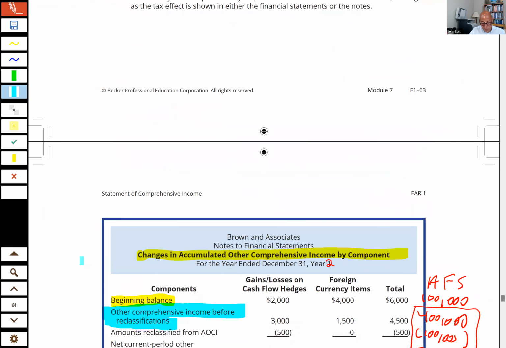I'm going to ask folks to tell us why they think some of these are correct. So it says one of the elements of financial statements is comprehensive income. Comprehensive income excludes changes in stockholders' equity from which of the following? So who wants to tell me what comprehensive income is?